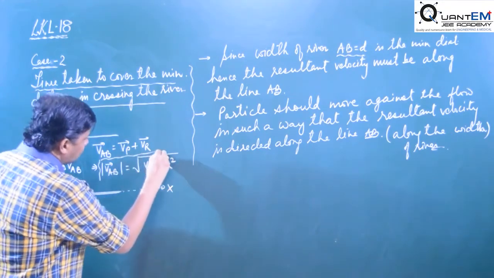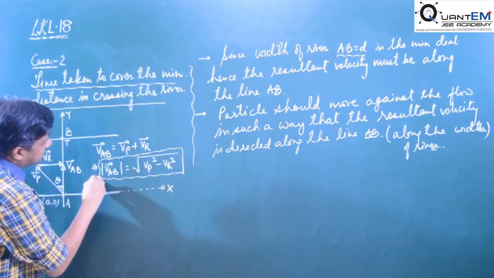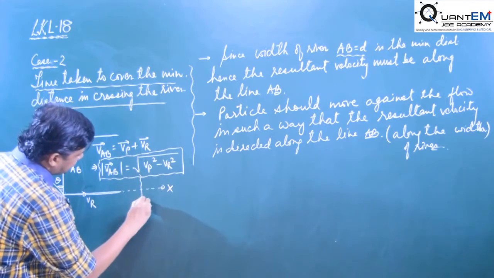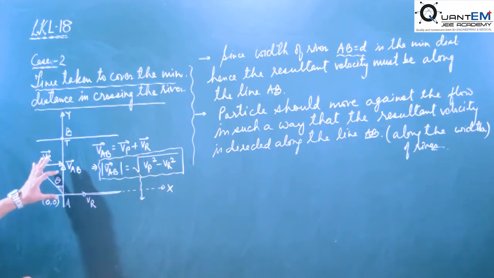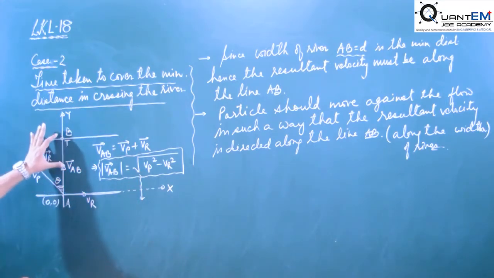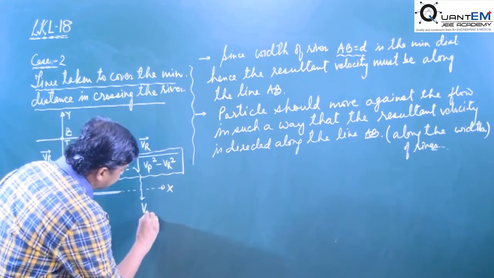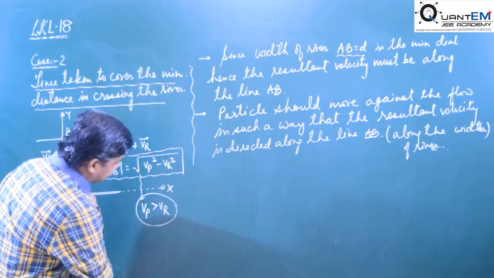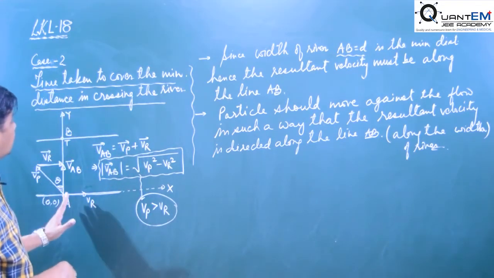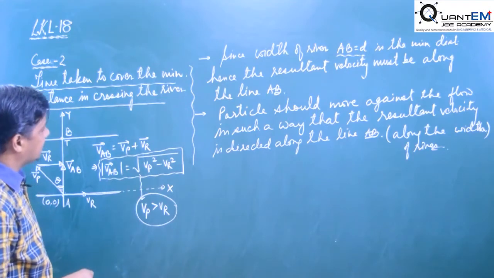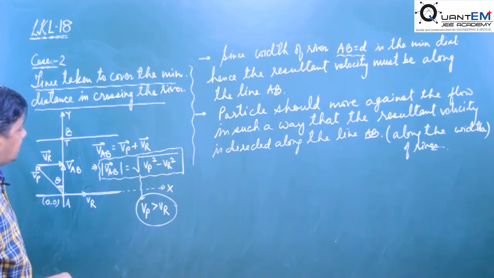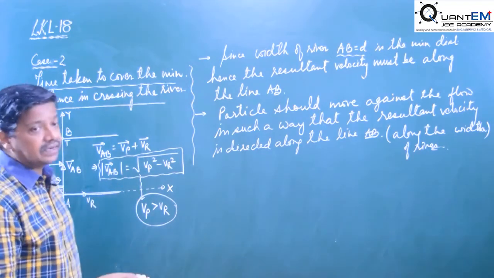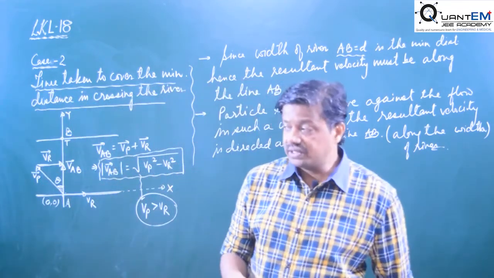So one thing is confirmed here, that for covering the minimum distance, the particle will be able to cross the river along the line AB only if VP is greater than VR. This condition must be satisfied. If VR is greater than VP, then the particle will reach at any point other than B in crossing the river.